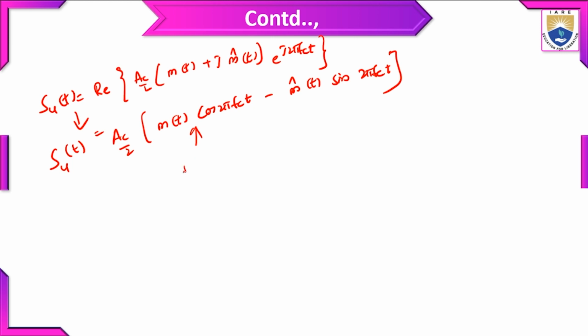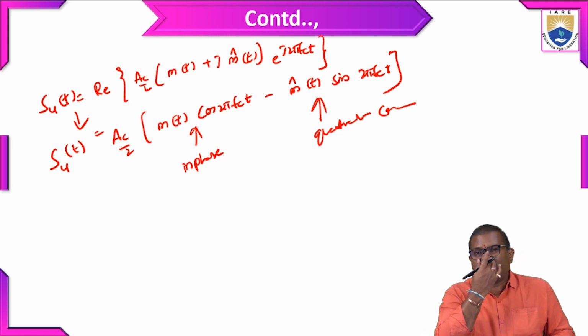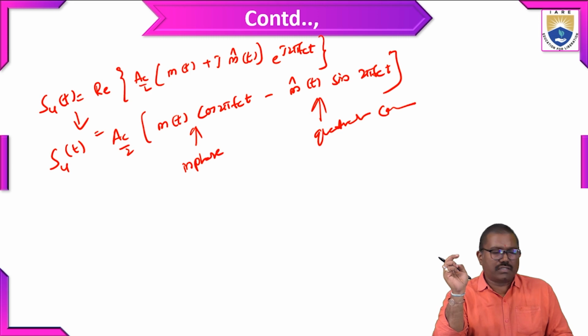This is the in-phase component and this is the quadrature component. So S U of t contains two components: one is in-phase, another is the quadrature component.